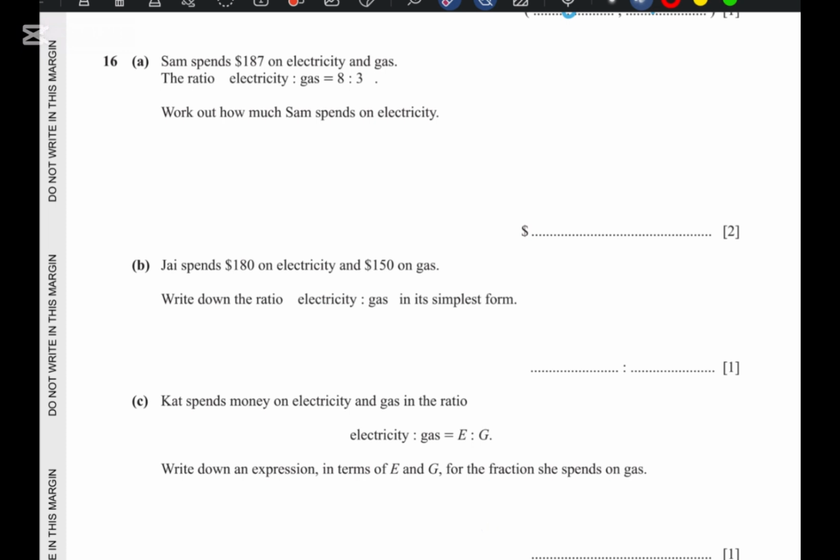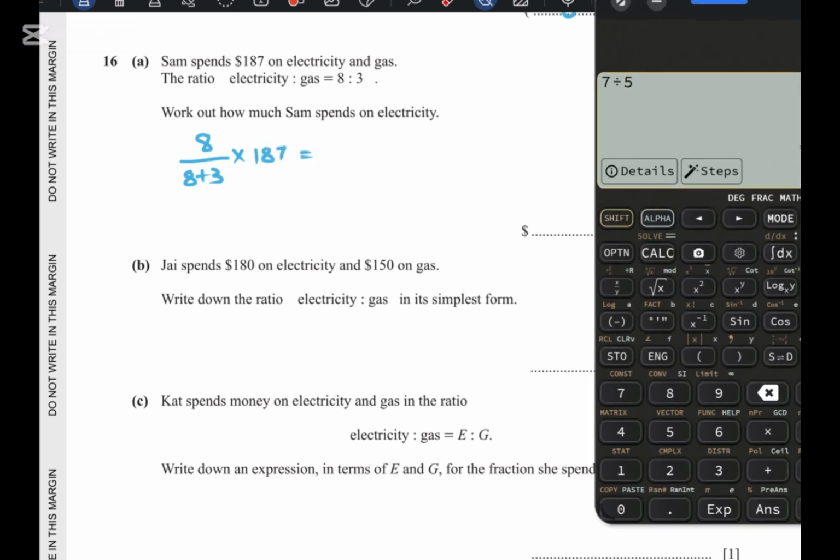So whenever the ratio is given to us, you need to take that number of the ratio, because electricity is 8 here, because electricity is to gas 8 is to 3. So 8 is the part of electricity. So 8 by, now take the total of the ratio. The ratio should be added, 8 plus 3. So 8 plus 3 multiplied by the total amount spent, that is 187.